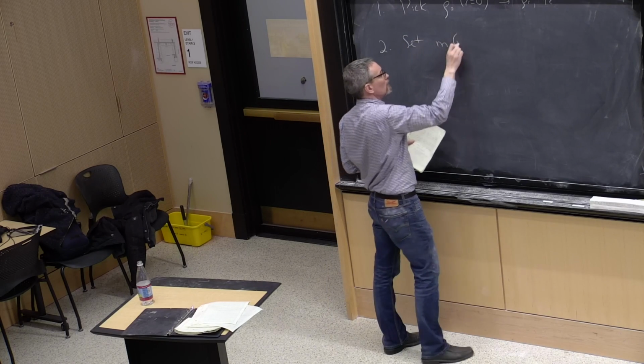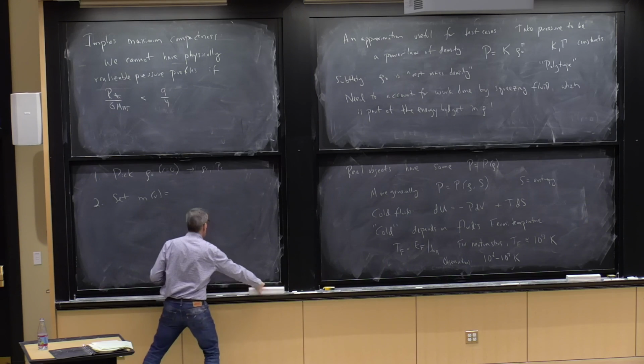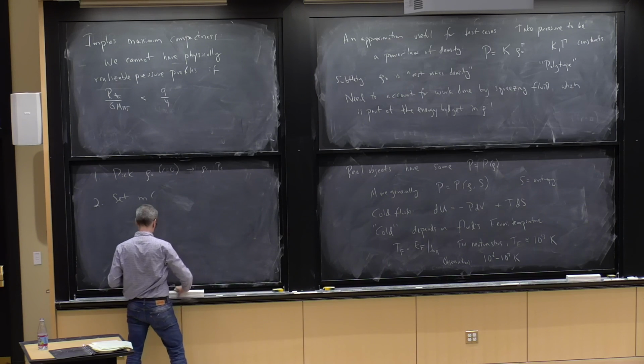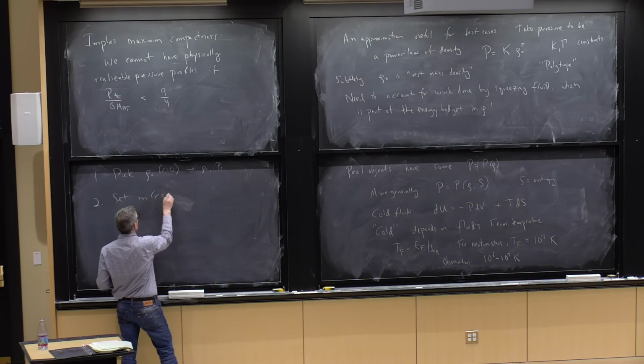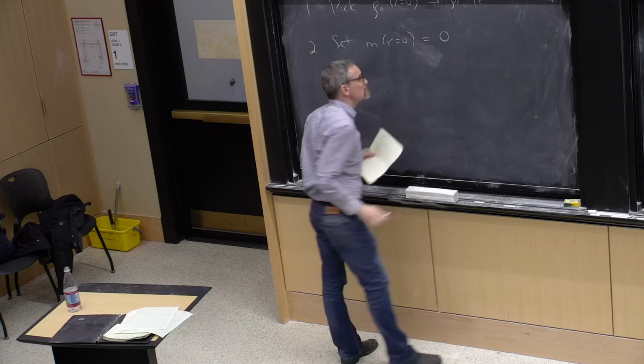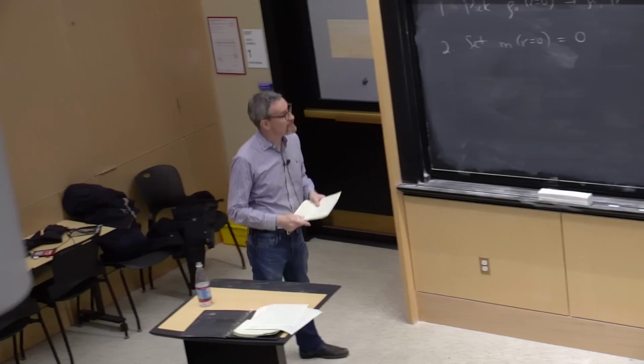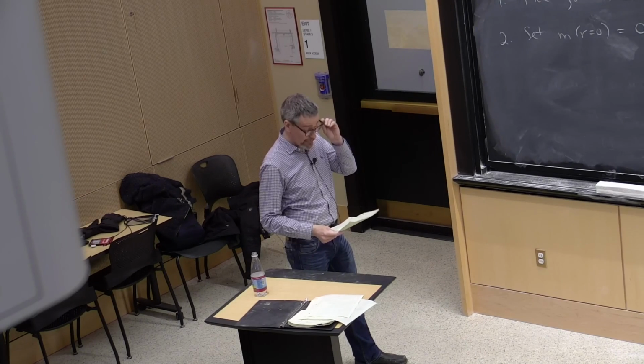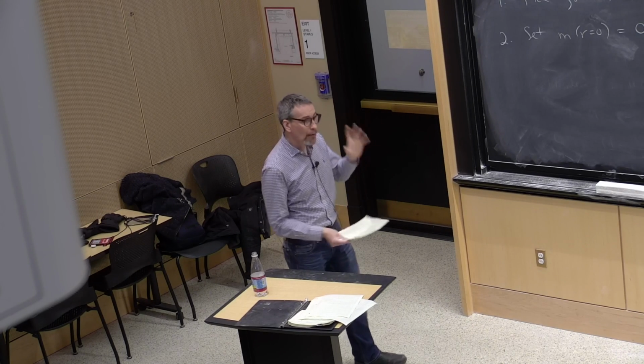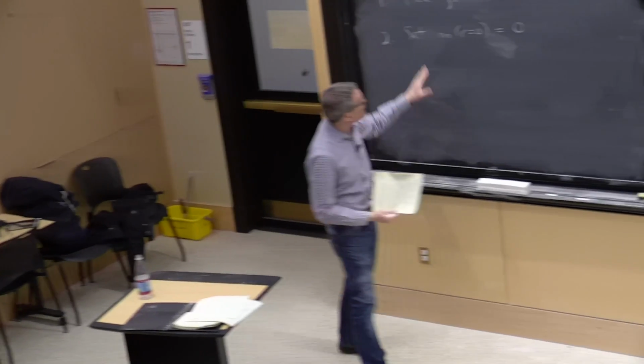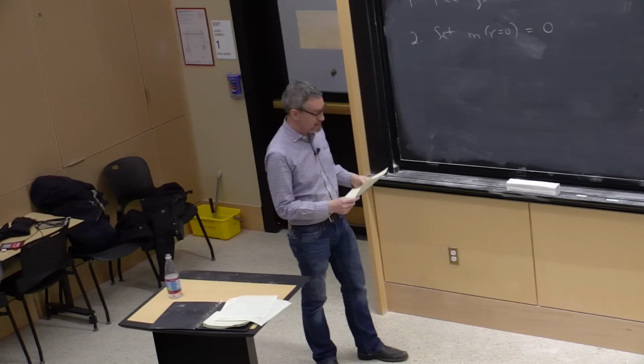set m of r at the center to 0. I emphasize again that this may seem obvious, but it is somewhat important that you get it right. And when you do this homework assignment, I'll give you a little hint as to how to build that in smoothly.